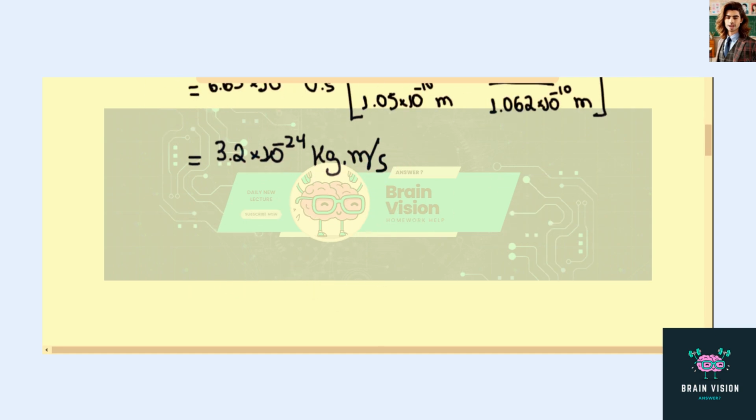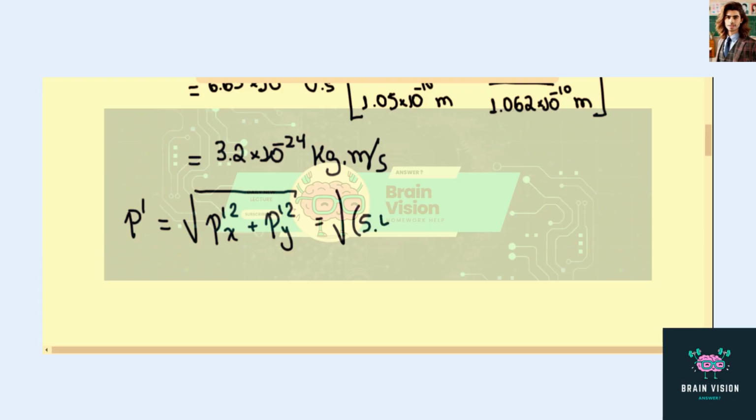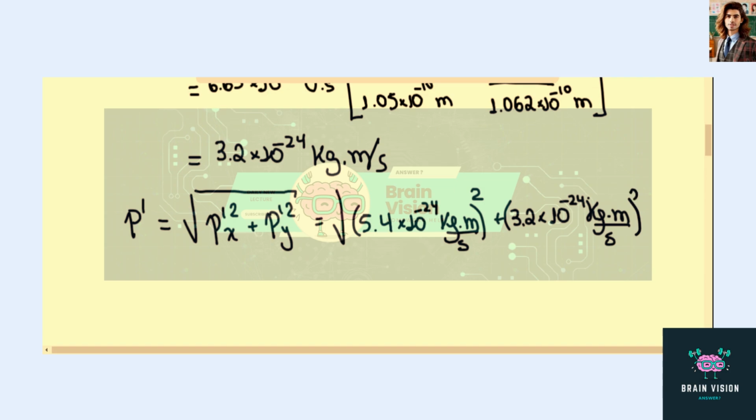So the total momentum, the final momentum of the electron, is equal to the square root of px prime squared plus py prime squared. So this is the square root of 5.4 times 10 to the minus 24 kilograms meters per second squared plus 3.2 times 10 to the minus 24 kilograms meters per second squared.